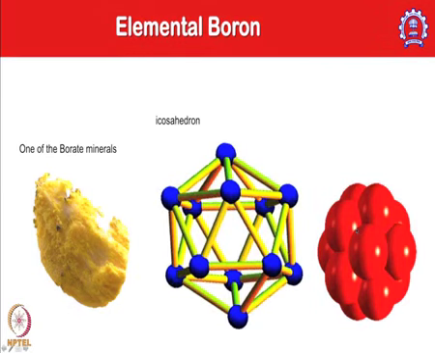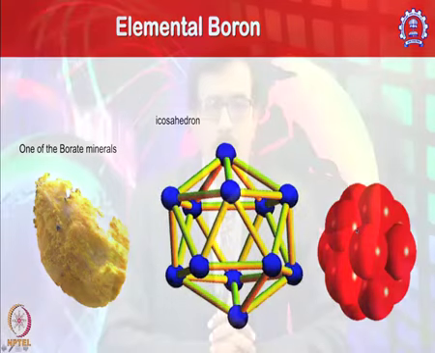Okay. So, aluminum is the third most abundant element in the Earth's crust, about 8.3%.